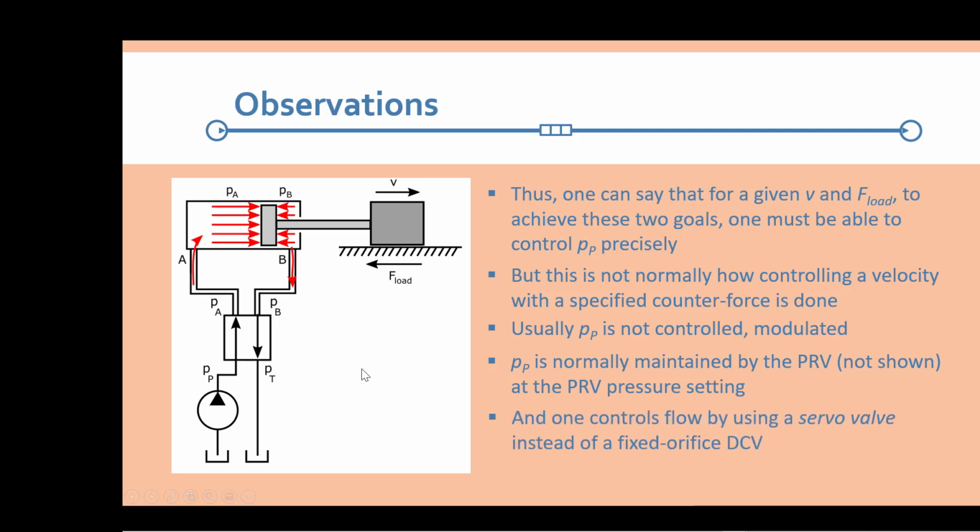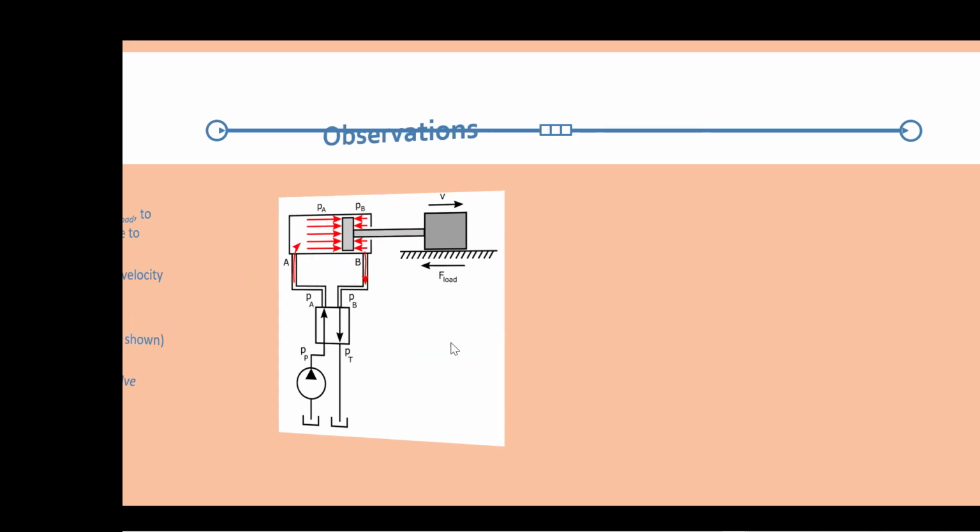And what we do in that case, if we want to move a specified load at a certain speed, is we actually replace the DCV with what's called a servo valve. So we don't have a fixed orifice here. We can change the orifice, and therefore we can change the resistance, and therefore the pressure drop across the servo valve.